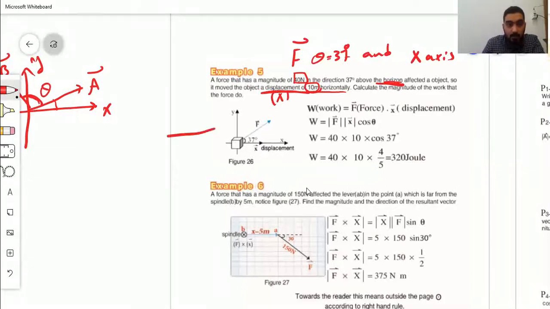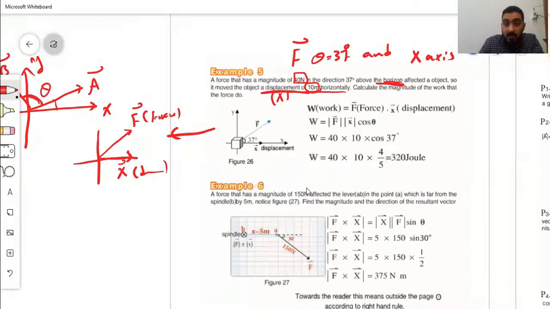If we now plot this vector F and this vector x, the displacement, the theta in this equation will be 37 degrees between the force and the x-axis. That means we use this angle in the law.